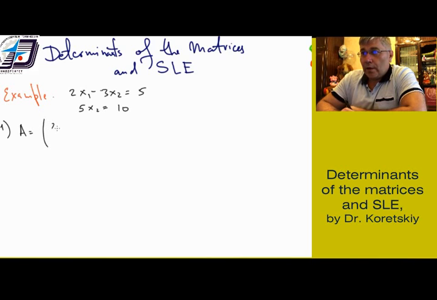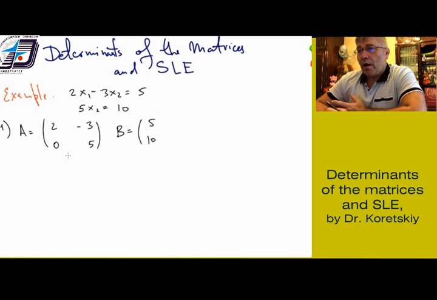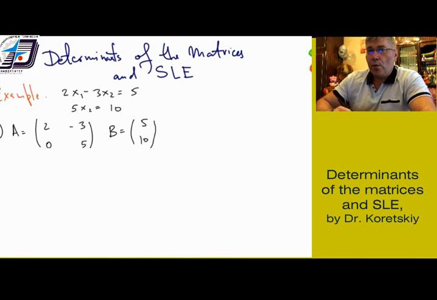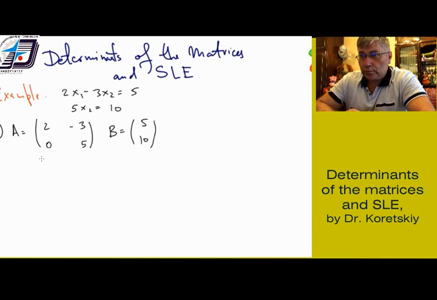A equals: the first row, 2 and minus 3. Here we have no x1, but it means that this element is 0, and 5 as the factor beside the x2 unknown variable. And the B matrix is 5, 10 here. Okay, now we have the A and B matrices, and now we have to calculate according to our rule.